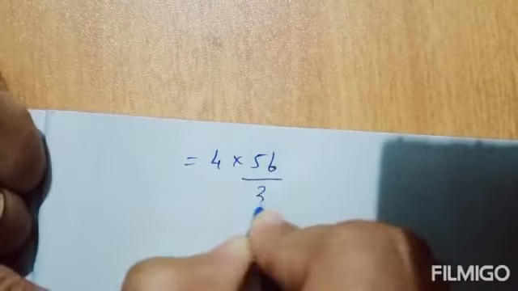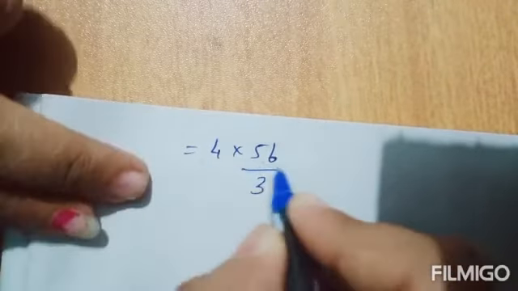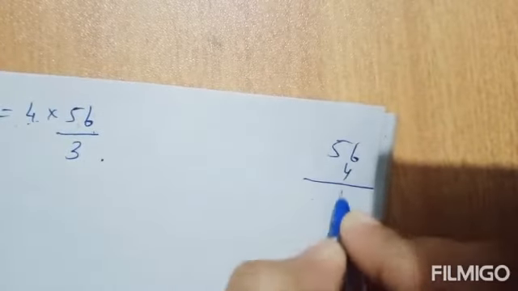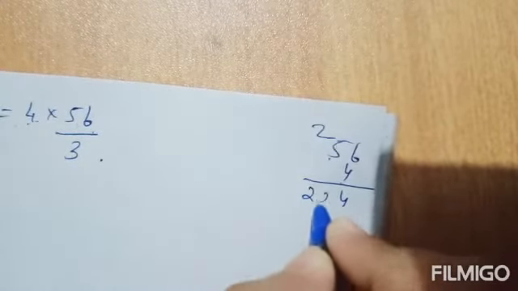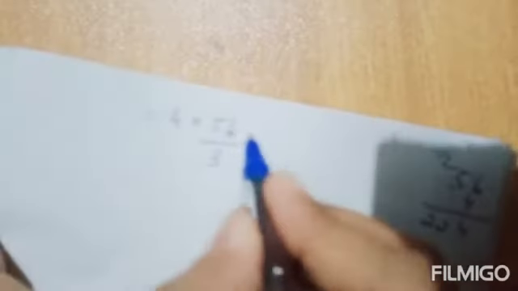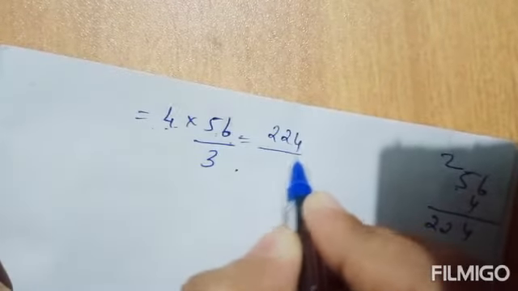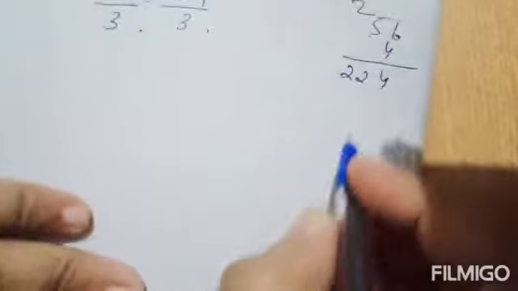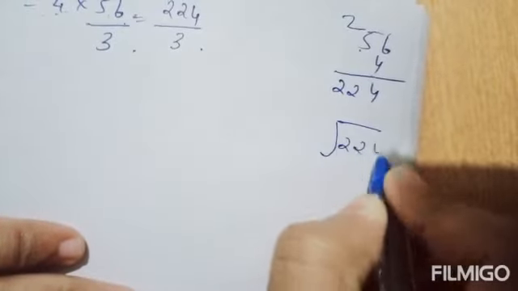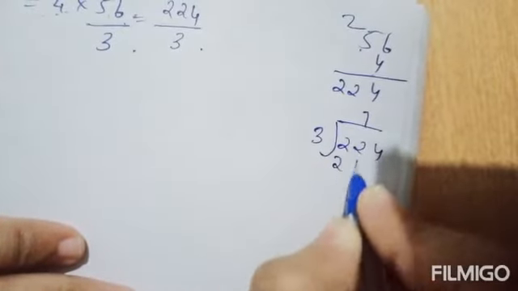So 4 into 56/3. Now 56 into 4 you can do first. Okay, 56 into 4 you will get 224. So 224/3. Now you can divide this 224/3. 3 into 7 21.